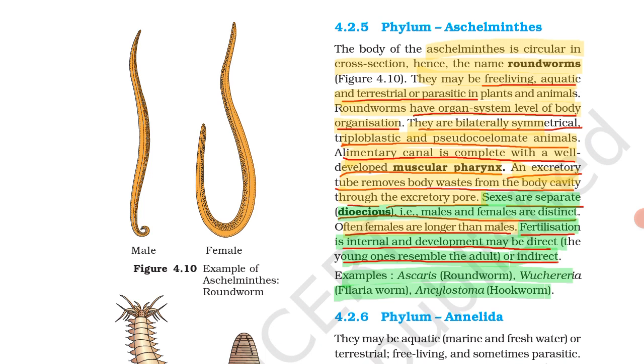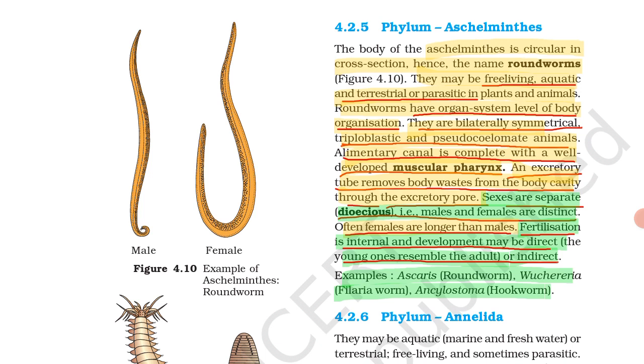An excretory tube removes waste from the body cavity through the excretory pore. Then sexes are separate. Before this we have seen sexes were not separate, meaning they were hermaphrodite.